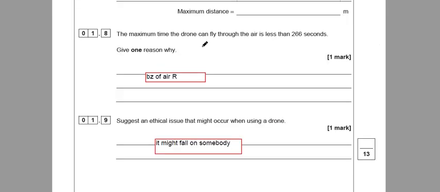The maximum time the drone can fly through air is less than 266 seconds. Give one reason why.